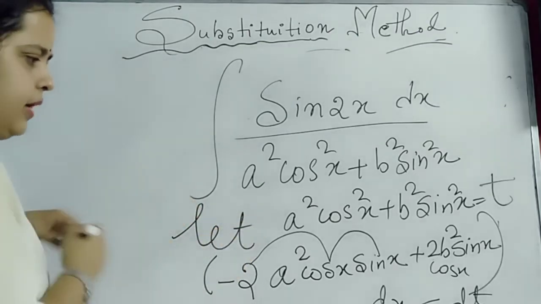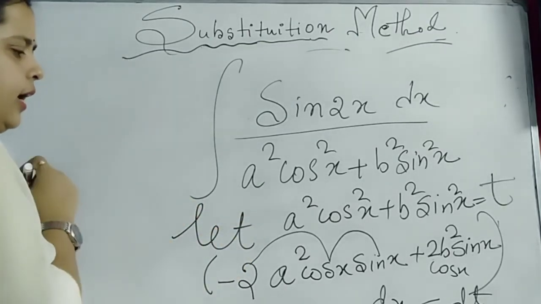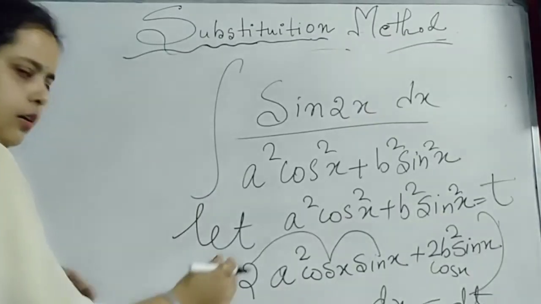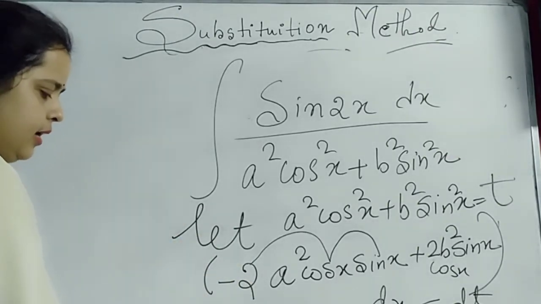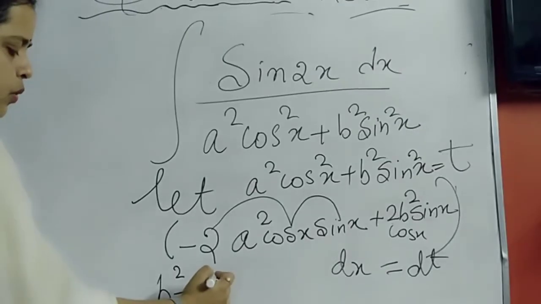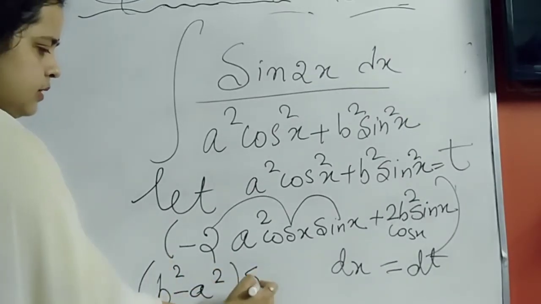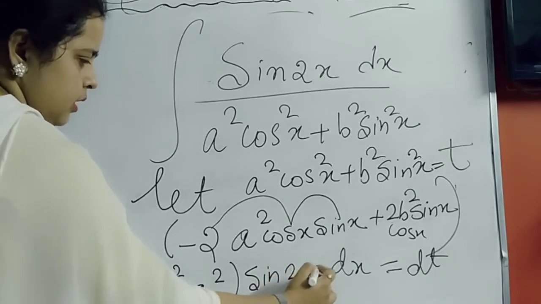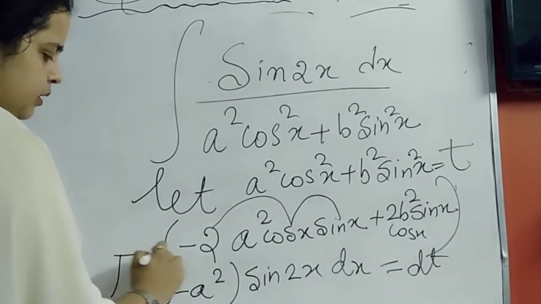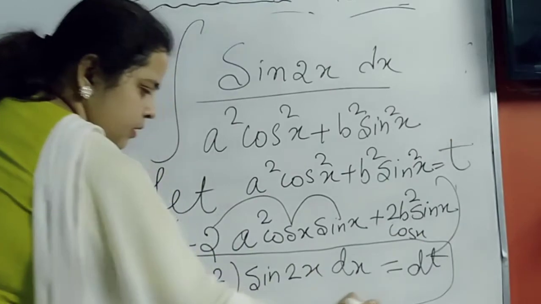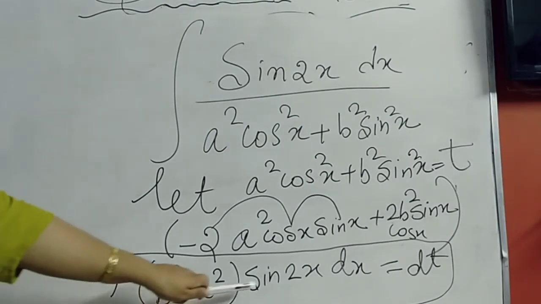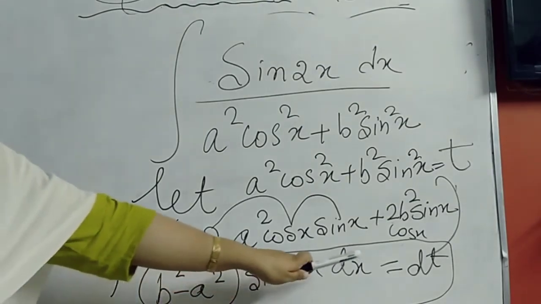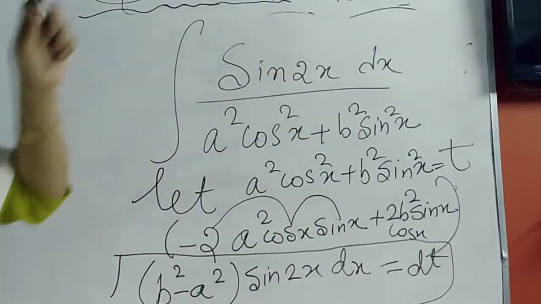So if it is common out of it, then the entire thing looks like this. I'm going to write that. So I'm writing here b squared minus a squared, sin 2x dx is dt. Please focus on it. b squared minus a squared, sin 2x dx is now dt.